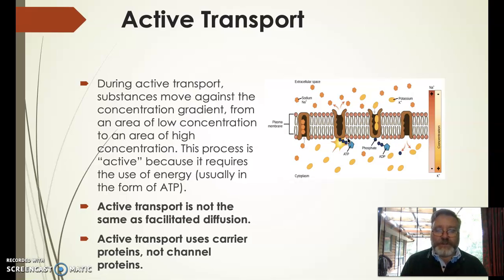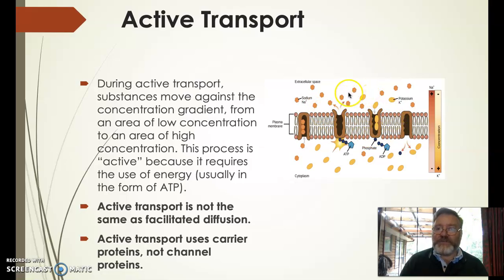Sometimes you need to spend energy to get the stuff you want. So you've got material outside the cell which you want inside the cell, but either it's too big to go through a channel, or too big to cross the membrane, not lipid soluble, so it can't cross the membrane. It may not have a channel for it, or you may just simply need heaps of it.